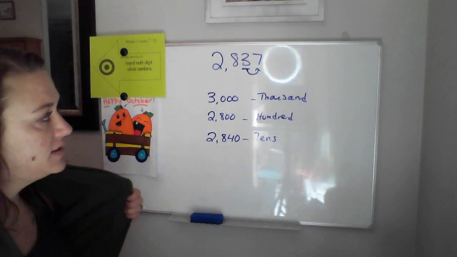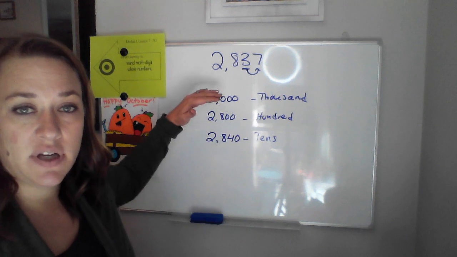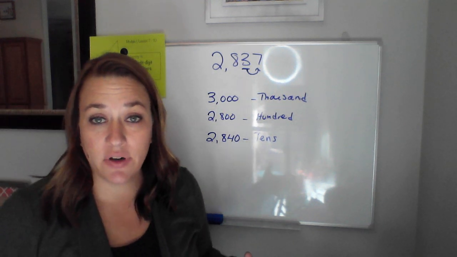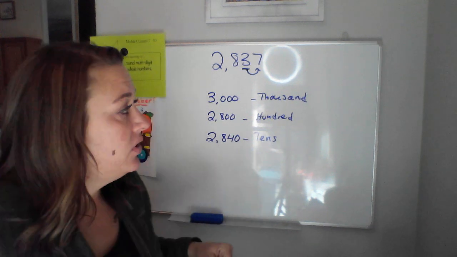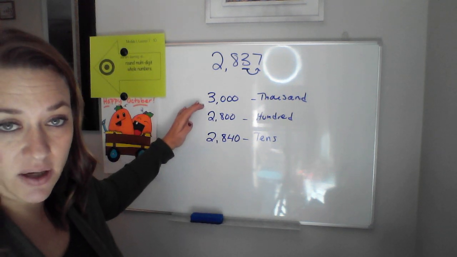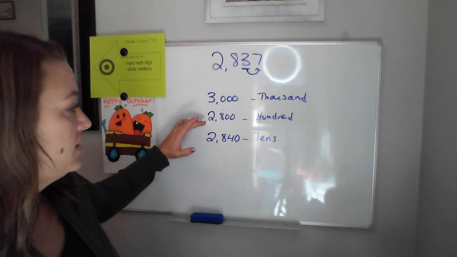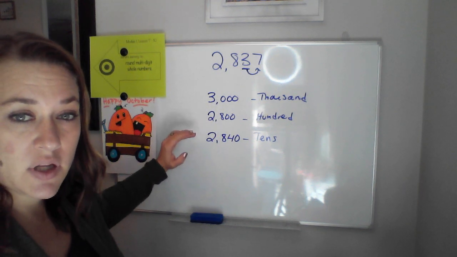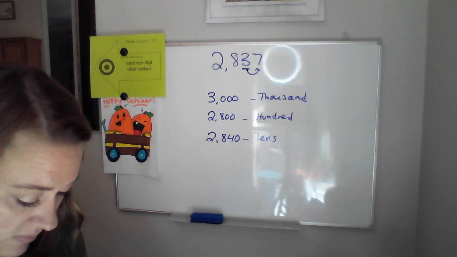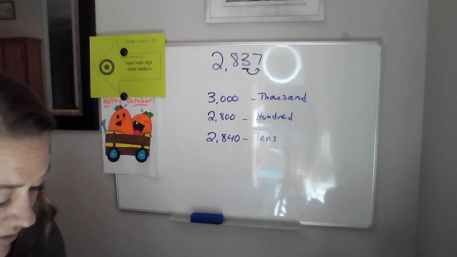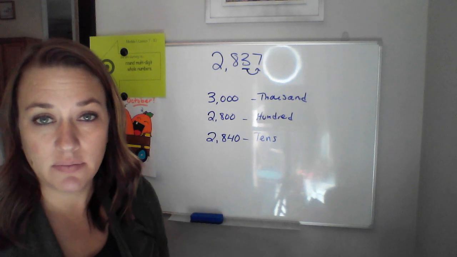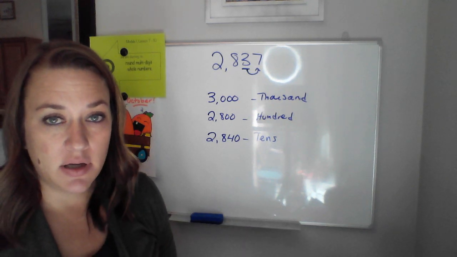Okay, so now let's think about our question. They have 2,837 students. They're wanting to order chairs for all of the students. Would we round to the nearest 1,000, which is 3,000? Will we round to the nearest 100 or tens? Because if we round to the nearest 1,000, we're going to have quite a few extra.